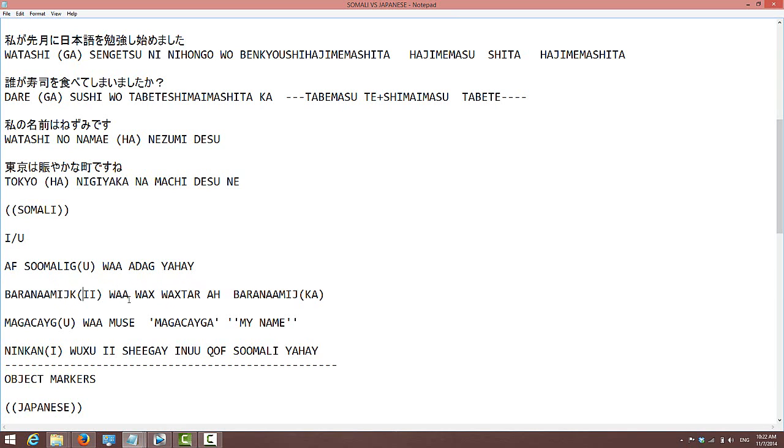The wa here is focusing on the program. It is the program. Wa is 'is', and then tara means useful. Wax tara together means the usefulness. So the program is useful. So here's the subject again.